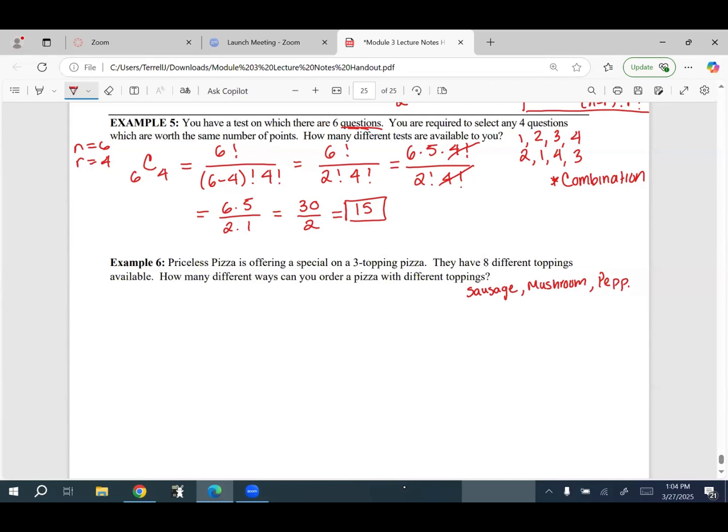If I change the order of these, meaning if I put pepperoni first on the pizza and then sausage, followed by mushroom, that's still the same pizza. Even though I put the toppings on the pizza in a different order, it's still counted as the same pizza. So because of that, the order doesn't matter. This is a combination once again.